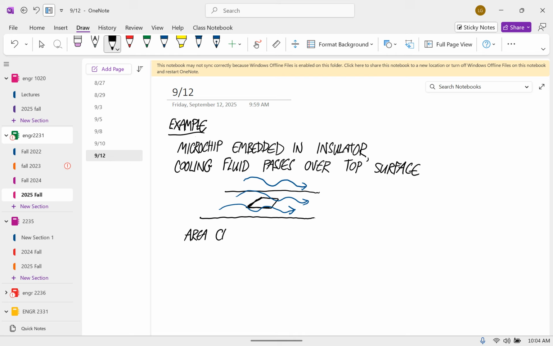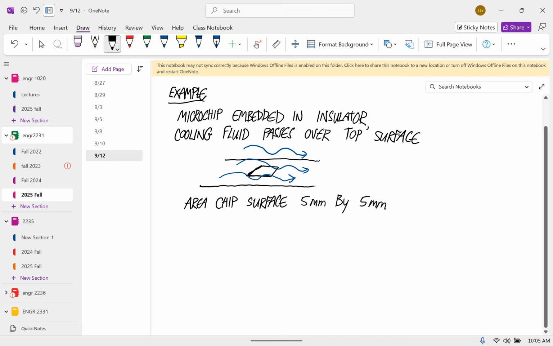The area of the chip surface is 5 millimeters by 5 millimeters. And the coolant temperature is 20 degrees Celsius.